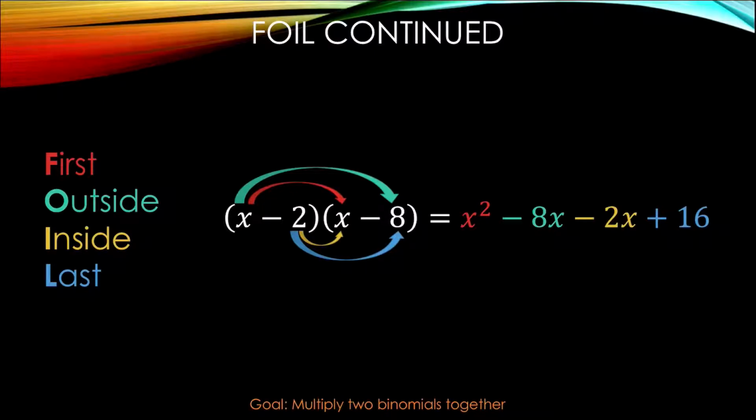Okay, we get our inside. Right there, negative 2 and x are on the inside of this. And then, of course, we have our last, negative 2 and negative 8. Those are my last ones. Once again, we would combine my like terms to be able to simplify this.